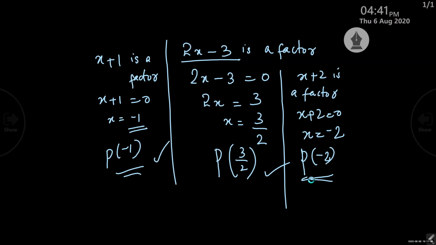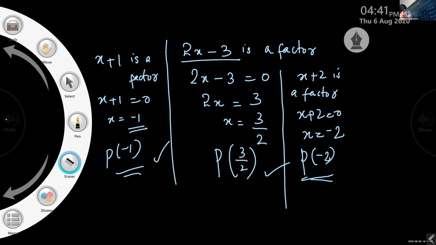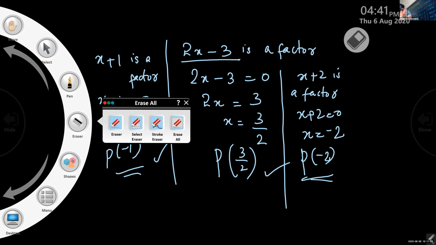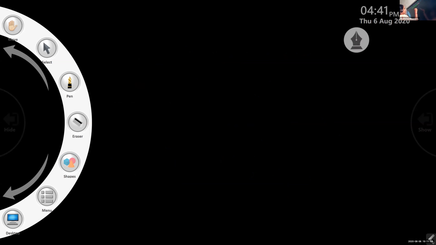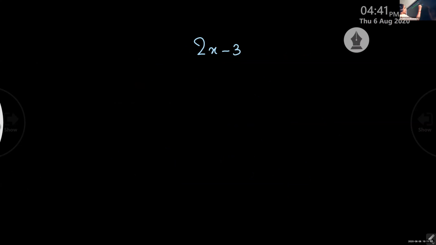Here in this second question, it is given that 2x minus 3 is a factor. Okay, children? So how will you do? When you get a factor, equate that to 0. Tell me the steps.